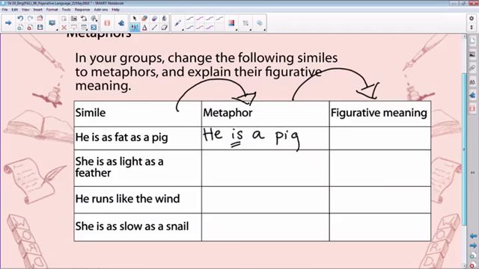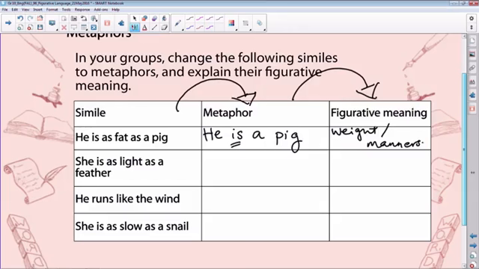And what does that mean? Well, if I'm using it as a metaphor, I don't necessarily know that the comparison is about weight. I could be talking about the weight, saying that he's overweight, but I could also be talking about his manners, saying he has bad manners. That will obviously depend on the context in which you use that metaphor.